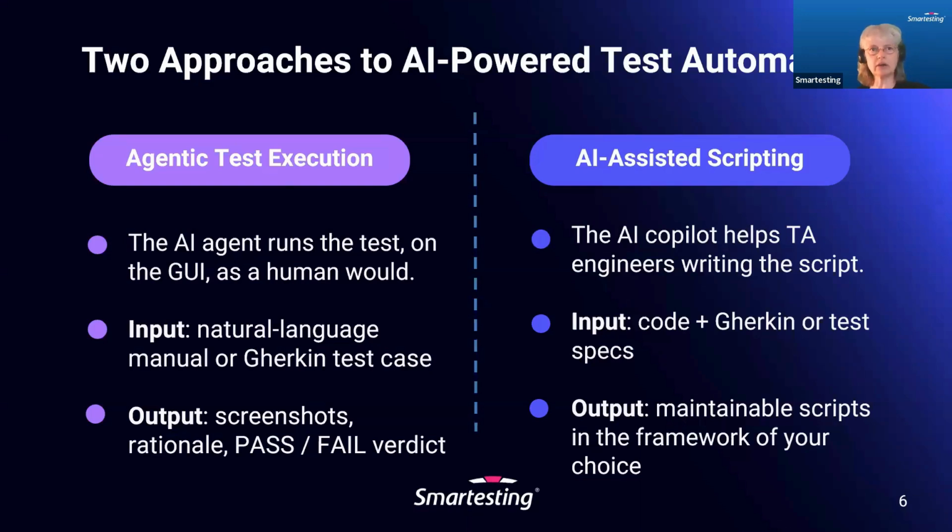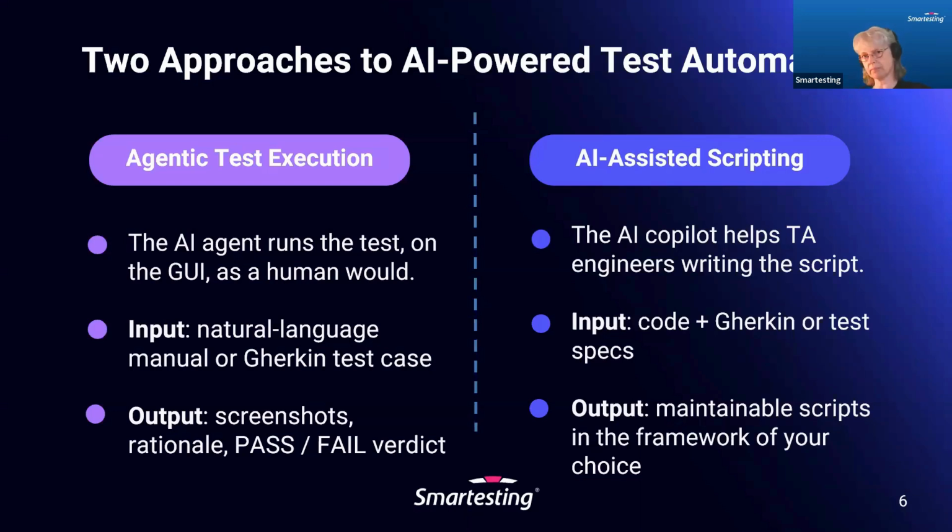And if it does not have the correct label, the manual tester will struggle too. As an output, I get the screenshots, of course, of what the agent saw.